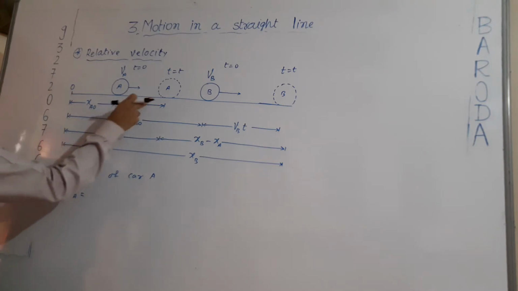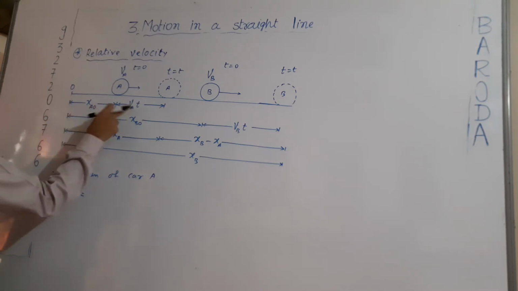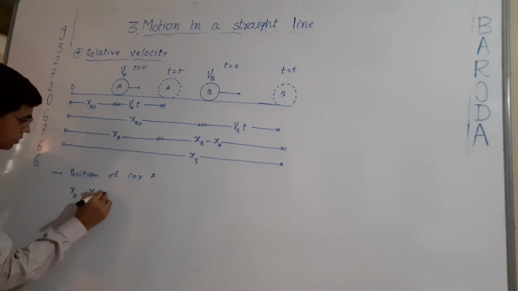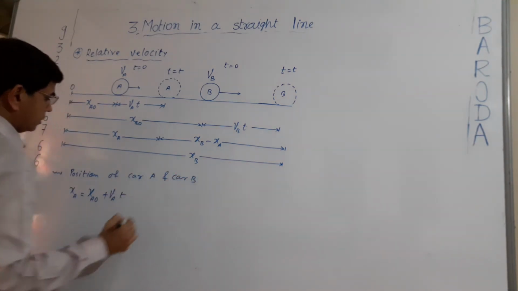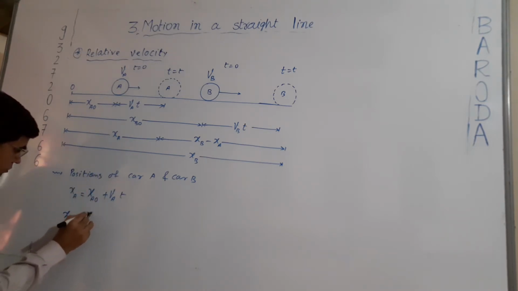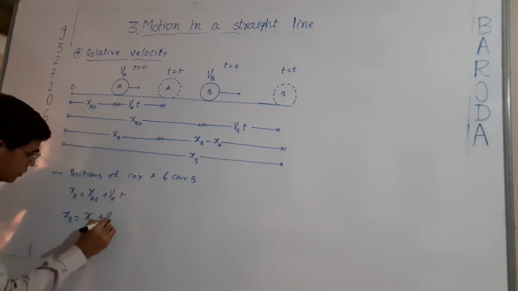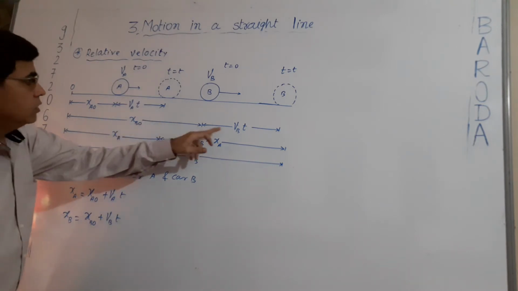After t time, the position of car A will be XAO plus Va into t, and the position of car B will be XB equal to XBO plus Vb into t.